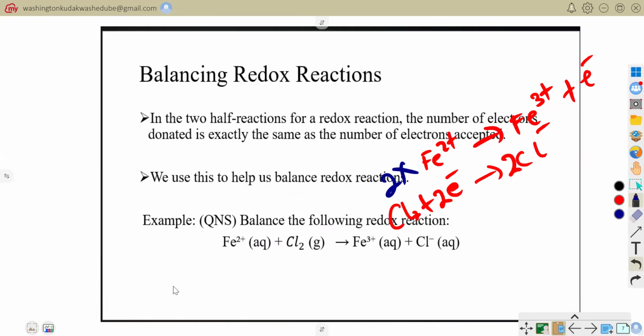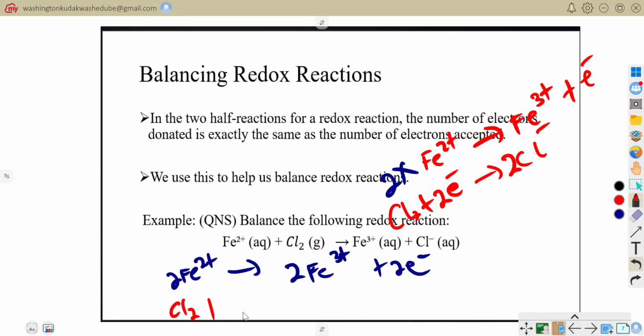So you would have 2 Fe2+ to form 2 Fe3+ plus 2 electrons. Whilst here your chlorine will be gaining 2 electrons to actually get to form what? 2 chloride ions.